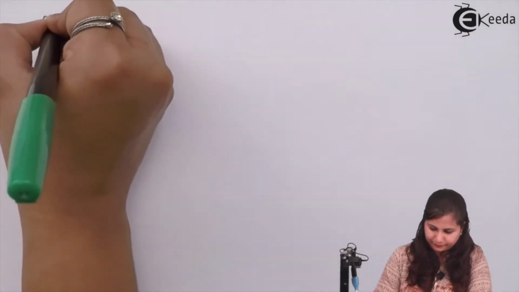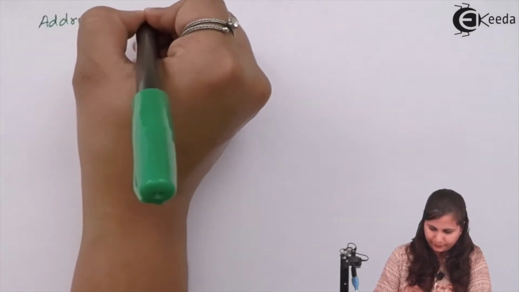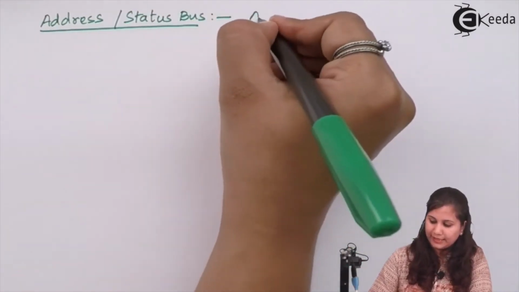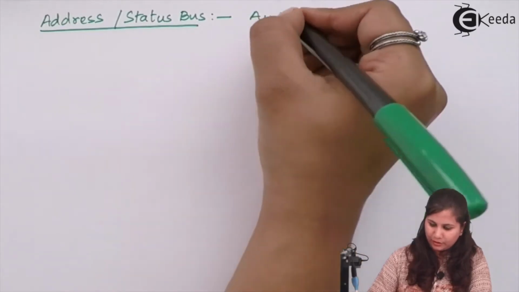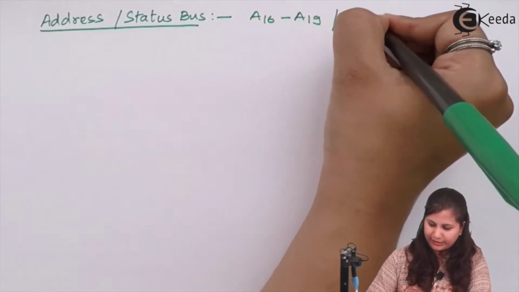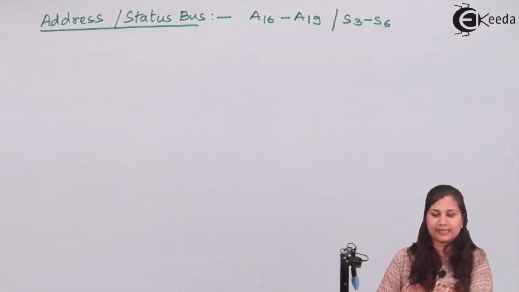So here we will discuss the address and the status signals. So this is like A16 to A19, or it can work as S3 to S6.